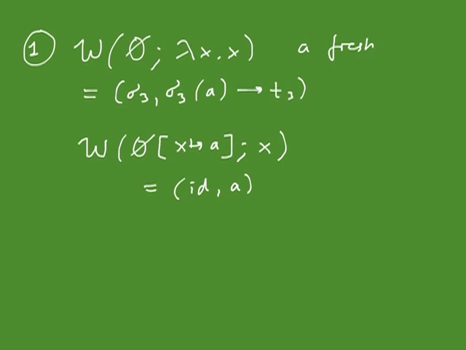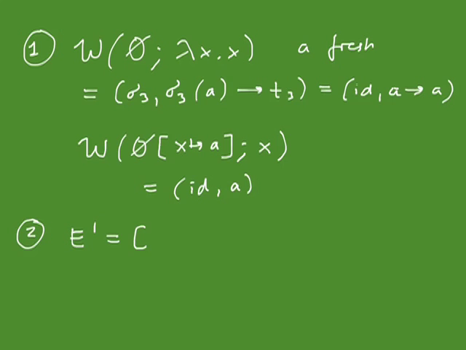That's safe. So this means that this is the identity, and because this is the identity substitution, this type is a arrow a. So that's the first recursive call for you, and then we can find E prime.